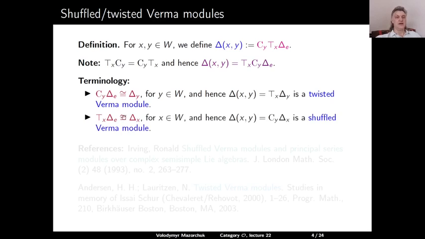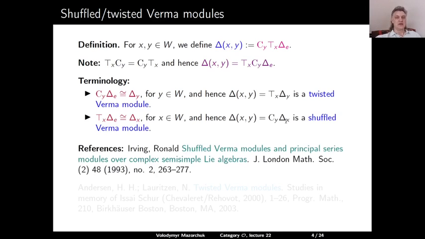But similarly, we know that delta x is the x twisting of delta E. Therefore, delta x,y is the y shuffling of delta x, and so it's a shuffled Verma module. So as shuffled Verma modules, these were studied by Ronald Irving in his paper on shuffled Verma modules in 1993.